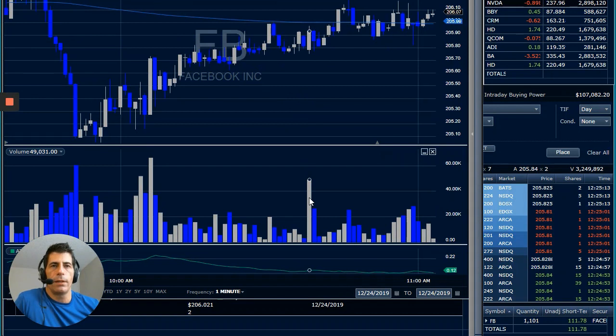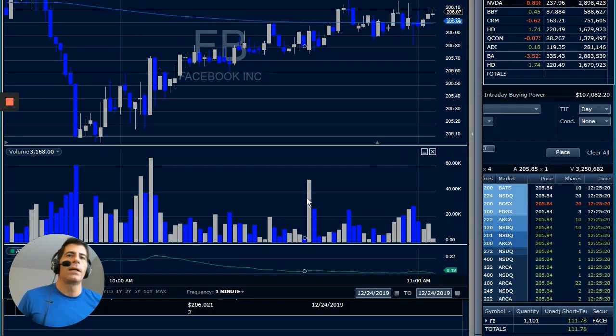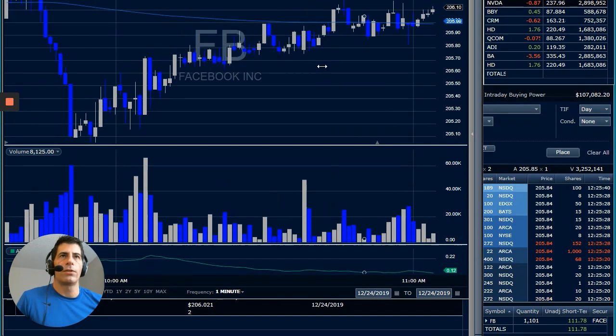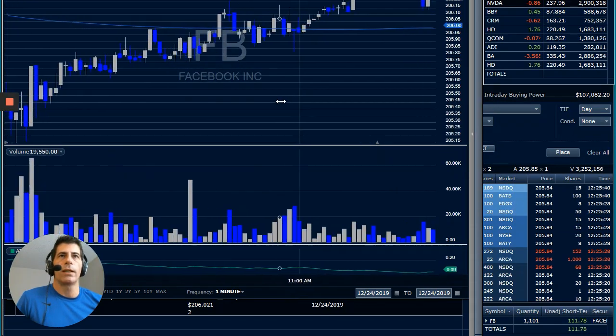Whoever's buying this, they finish it up, print a bunch of stock, and say, okay, you bought the last who knows what, 500,000 shares, whatever, at such and such price, and they're done. And price did come off immediately after that print, or this candle with a high volume, but it slowly trended up a little bit more. So the buyer must have still been around and just bought a little bit more cautiously, and it trended up.